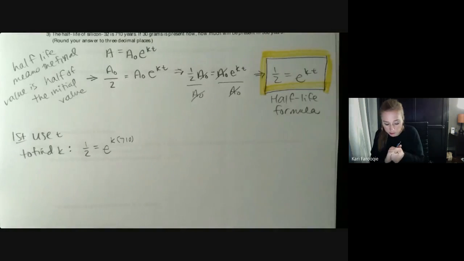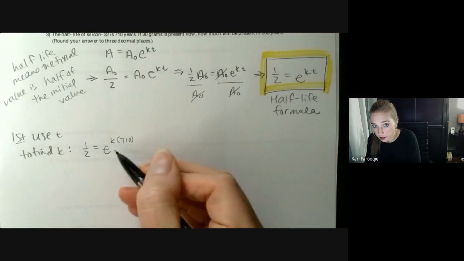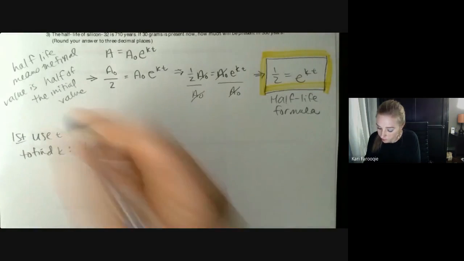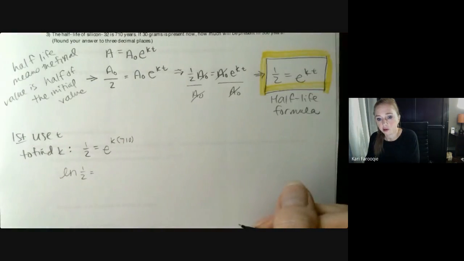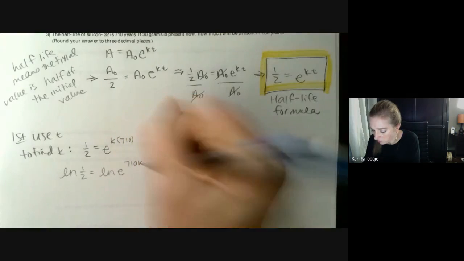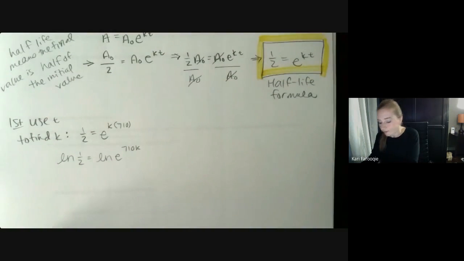Now what we're going to do is solve for k to get that constant for the rate of decay. If I'm trying to solve for k and it's in the exponent, I need to get it out of the exponent. The only way I'm going to do that is by applying a natural log on both sides. So I'm going to take the natural log of 1/2 equals the natural log of e to the 710k. You can multiply in any order, and we usually leave the variable on the back of a constant.